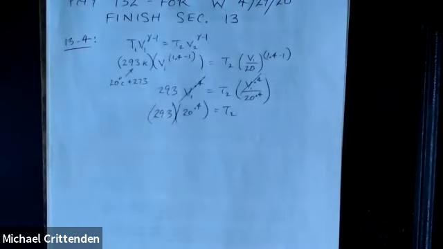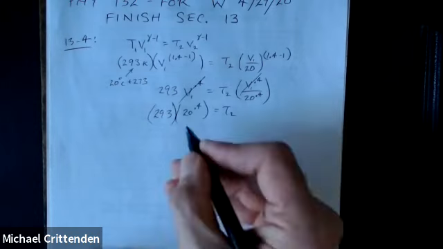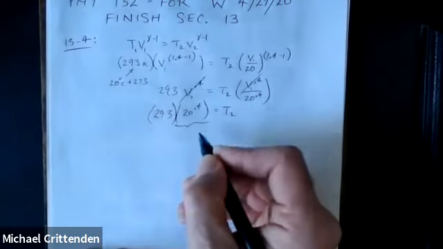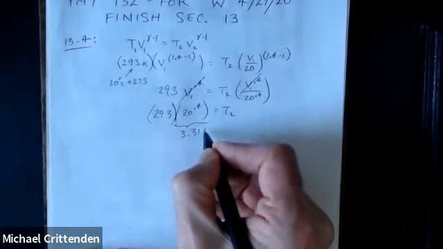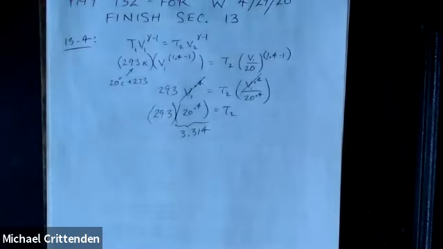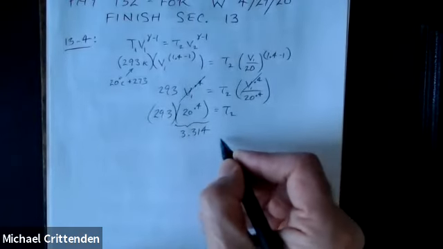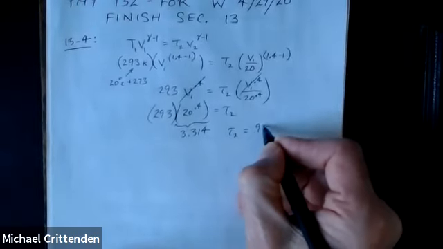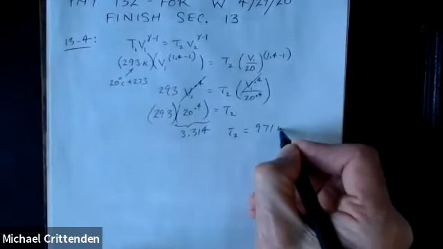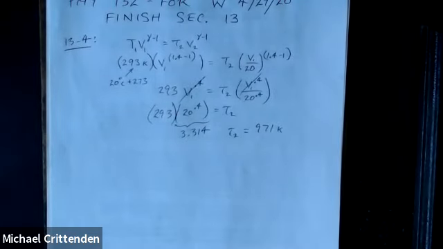And if you calculate that, it's about 3.314. So T2 comes out 971 kelvins, which, if the question just said find the final temperature, you could call that the answer and go on to the next question.